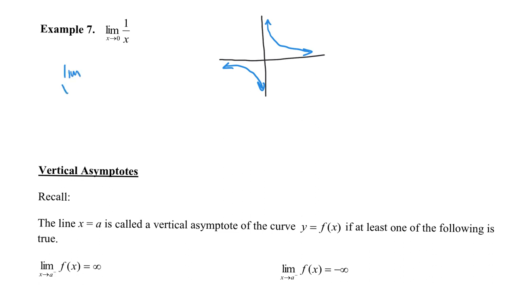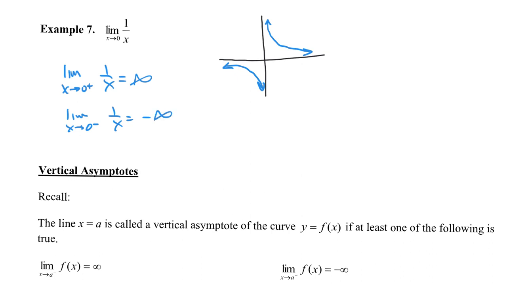because if we consider the limit as x approaches 0 from the right of 1 over x, so we're approaching 0 from the right, we're coming in along here. As we do that, the function 1 over x is going to infinity. So from the right, it's going towards infinity, but if we approach 0 from the left of the same function, so now we're coming over here, approaching 0 from the left, the function itself is now approaching negative infinity.